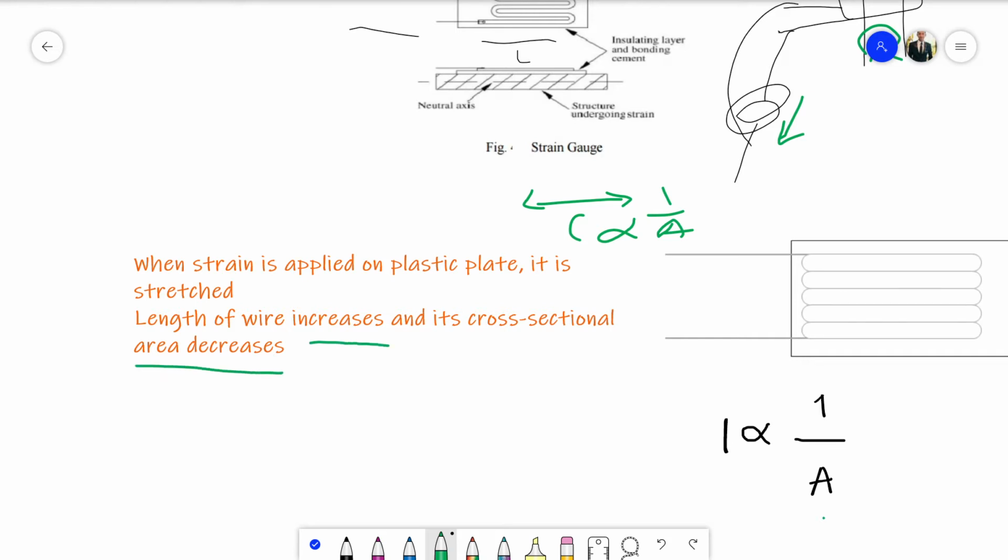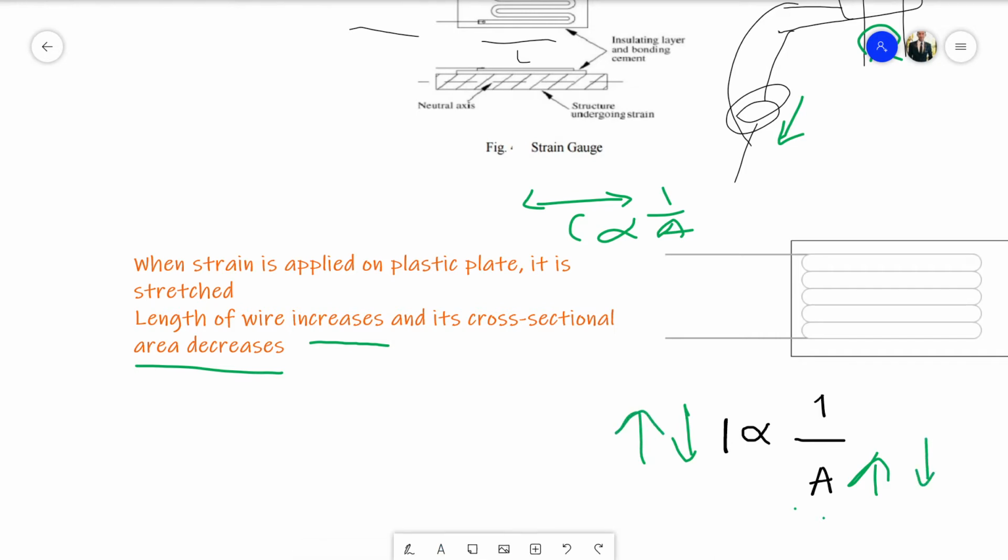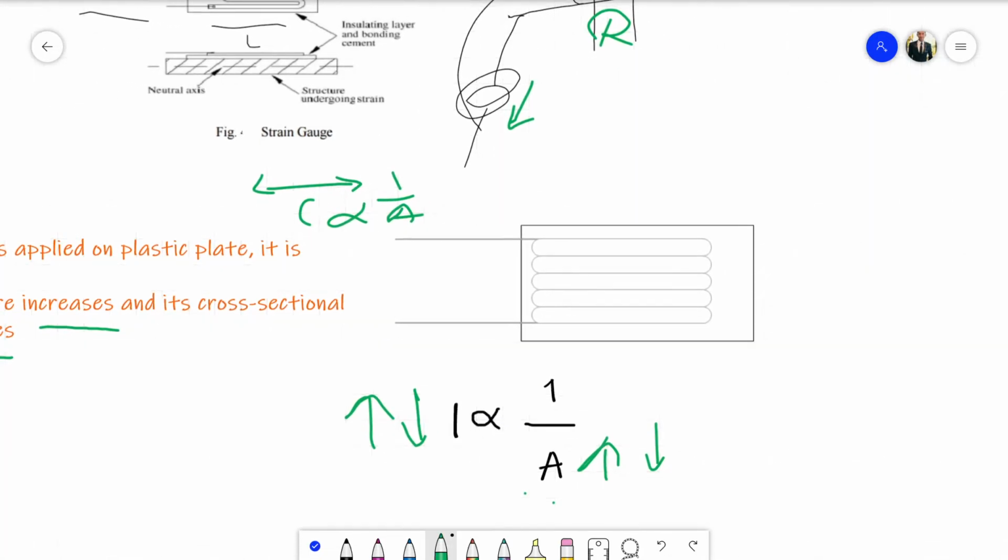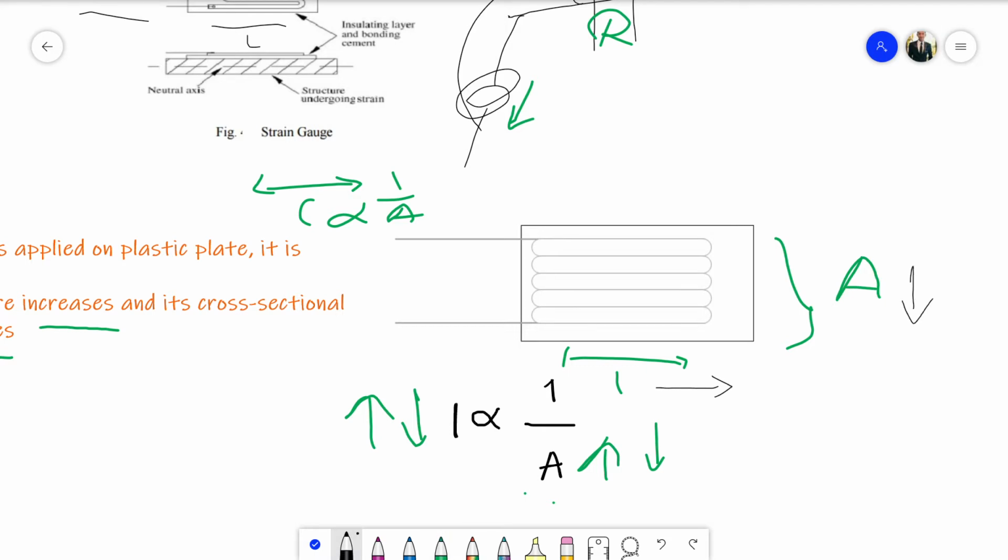So when the length increases, the cross-sectional area also decreases.